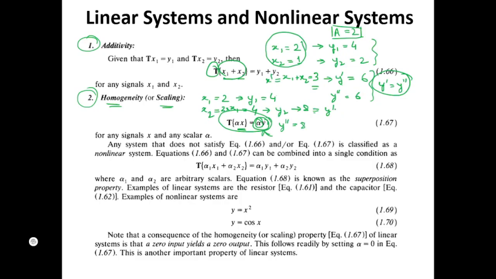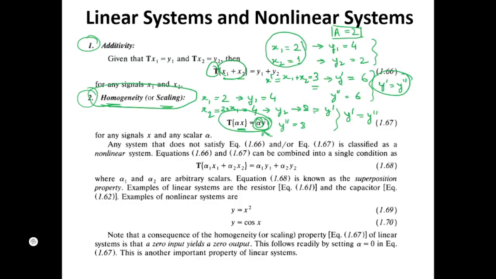So here also, y dash is equal to y double dash. So it is also following the rule of homogeneity or scaling. So a linear system will follow both the rules, additivity and homogeneity.